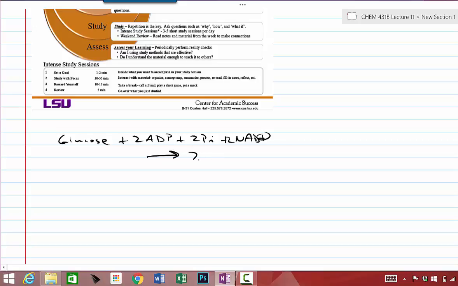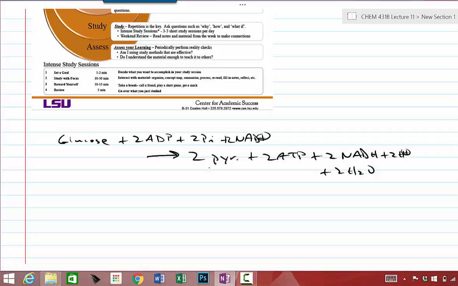And it's going to make two pyruvate molecules, which I'll just abbreviate as PYR, plus two ATPs, plus two NADHs, plus two protons, plus two waters. Okay, so that is the reaction. And it turns out that there are many metabolic fates of pyruvate.